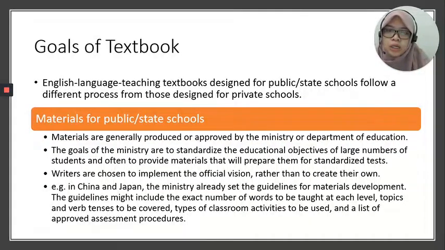Okay, and then for example, in China and Japan, the ministry already sets the guidelines for materials development, like the exact numbers of words taught in each level.